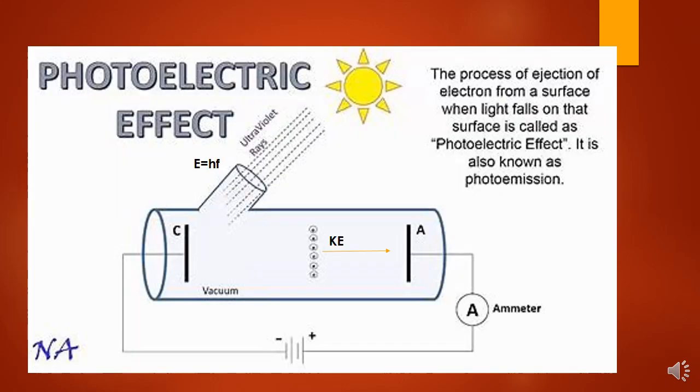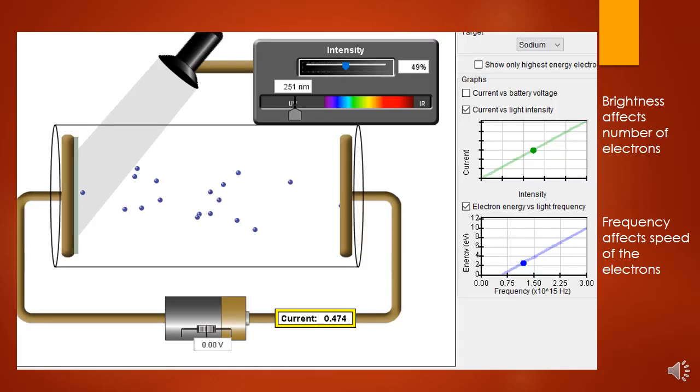And here's just another picture of the photoelectric effect. It's showing the tube. There's the light shining into a charged plate. At the bottom, I have a battery, and the electrons are then attracted away from the positive plate and towards the negative plate. Here's another picture of it from a computer simulation. If you look at the graphs on the right-hand side, one of them shows the light intensity, that means how bright it is, versus the current.